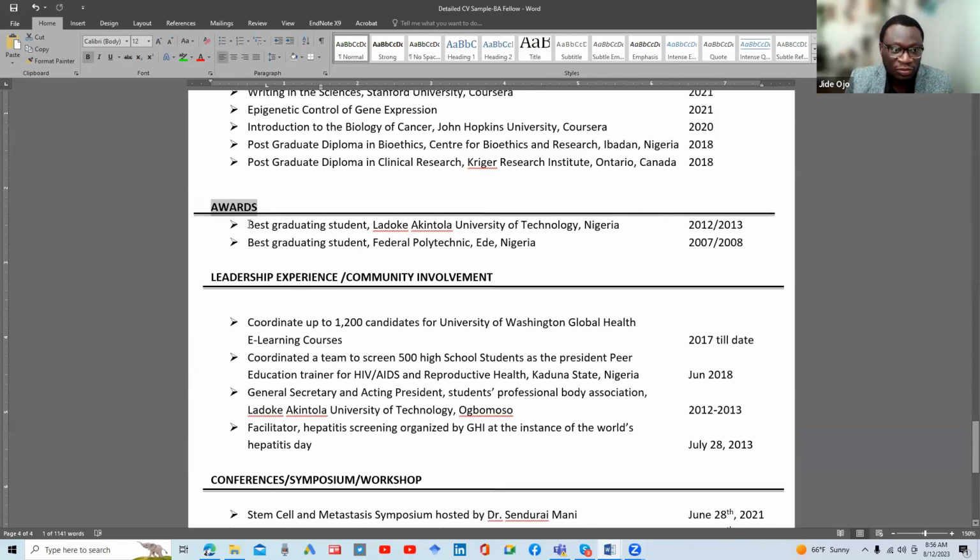There could be a subheading here saying poster, then you list if you have a lot. But if you don't have a lot, you can just put parentheses and say oral or poster, depending on what you have. So yeah, they still count.